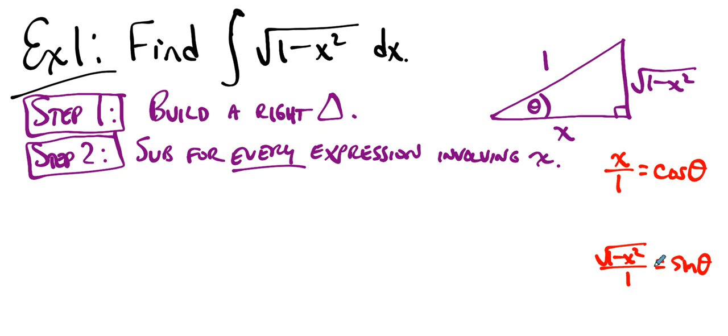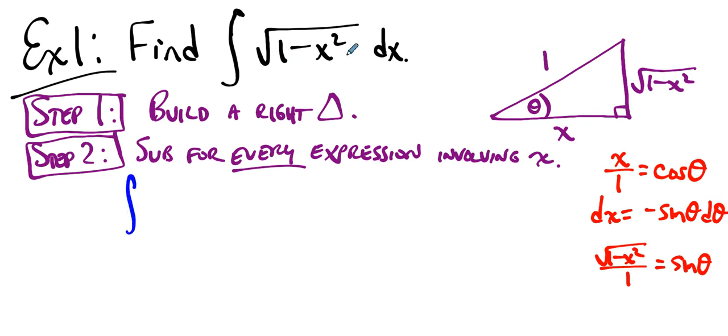Why do we do this? Well, we've got to make a substitution for the radical, so we've got to have something that is the radical. But we also have to substitute for a dx. So we need to know what x is so we could know what dx is. x is 1 times cosine theta. So dx is negative sine theta d theta. And we make the substitutions.